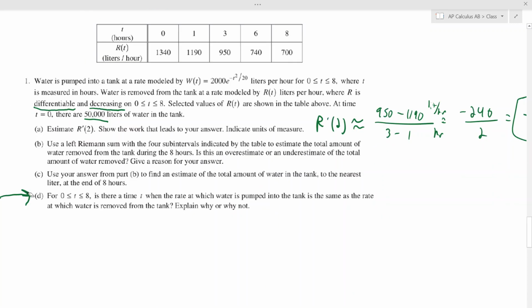Use a left Riemann sum with 4 subintervals to estimate the total amount of water removed.